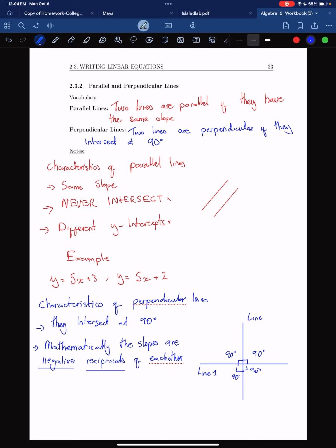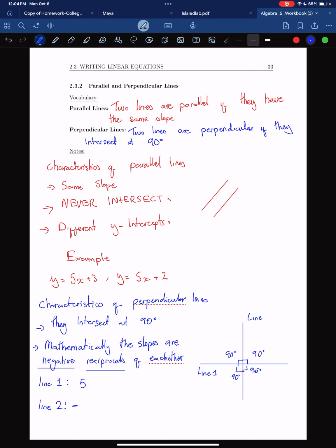So if my line 1 has a slope, we've used the slope of 5, for example, then for my line 1 and line 2 to be perpendicular to each other, I need to first make the number negative, all right?